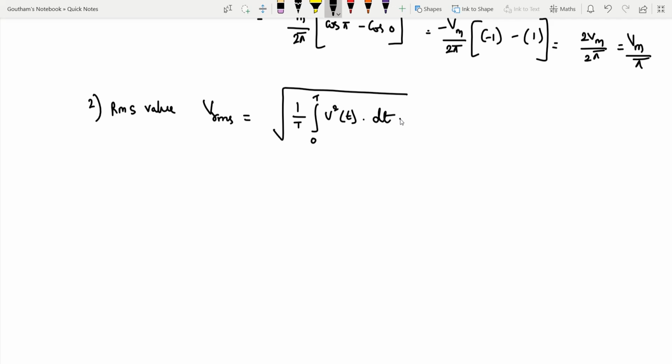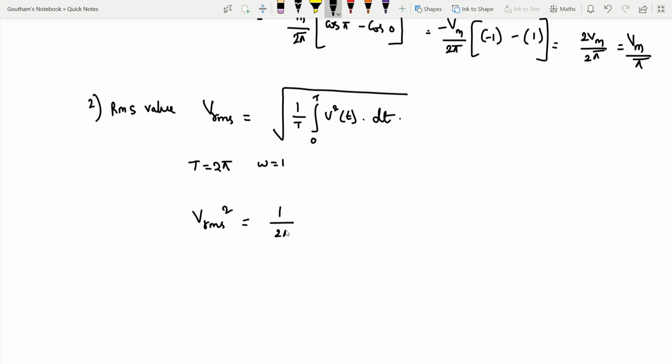Again we are trying to find out the RMS value of the output waveform. Like discussed earlier, our base T is equal to 2 pi, which results in omega equal to 1. So if I plug in terms here, I get VRMS square, squaring both sides.